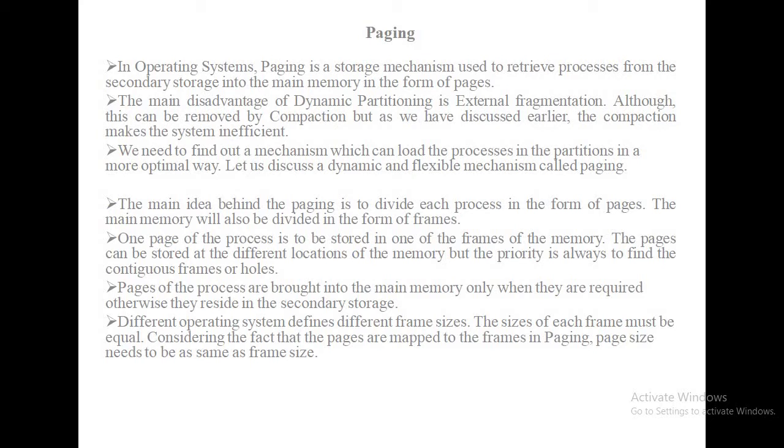The pages of the process are brought into the main memory only when they are required, otherwise they reside in the secondary storage. Basically, different operating systems define different frame sizes. The size of each frame must be equal. The pages are mapped into the frames, and page and frame need to be of the same size.